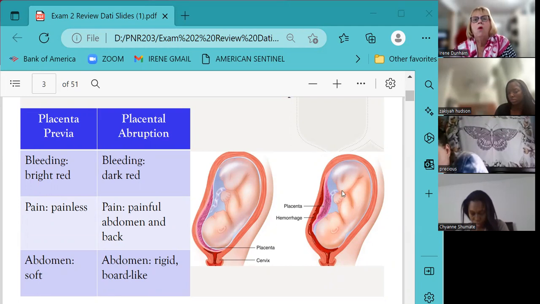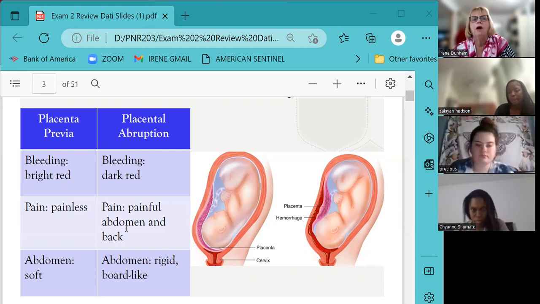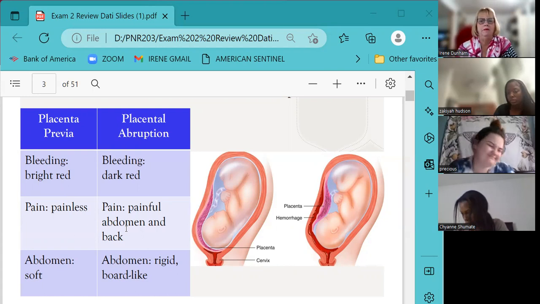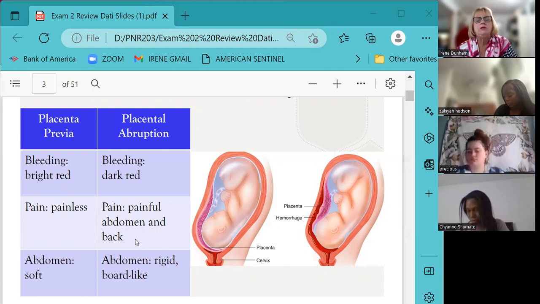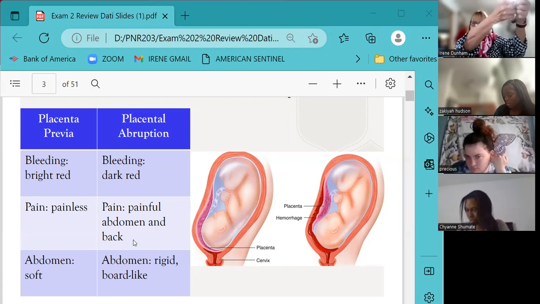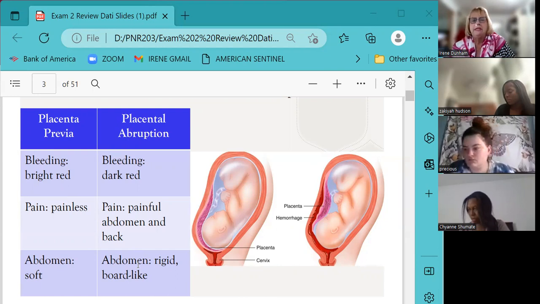When something abrupts, it pulls apart, so it causes pain. It is very painful. She has pain in her abdomen and her back, and when you examine her, her abdomen is rigid and board-like.